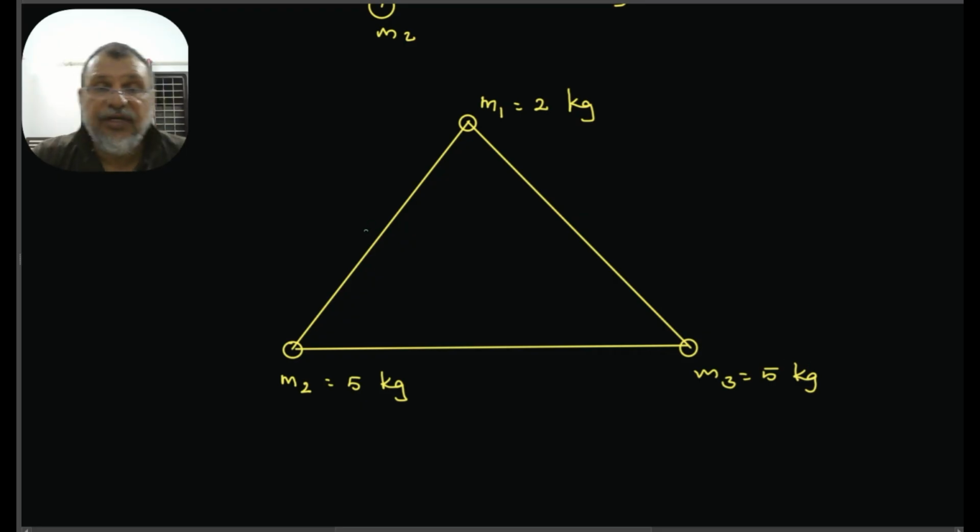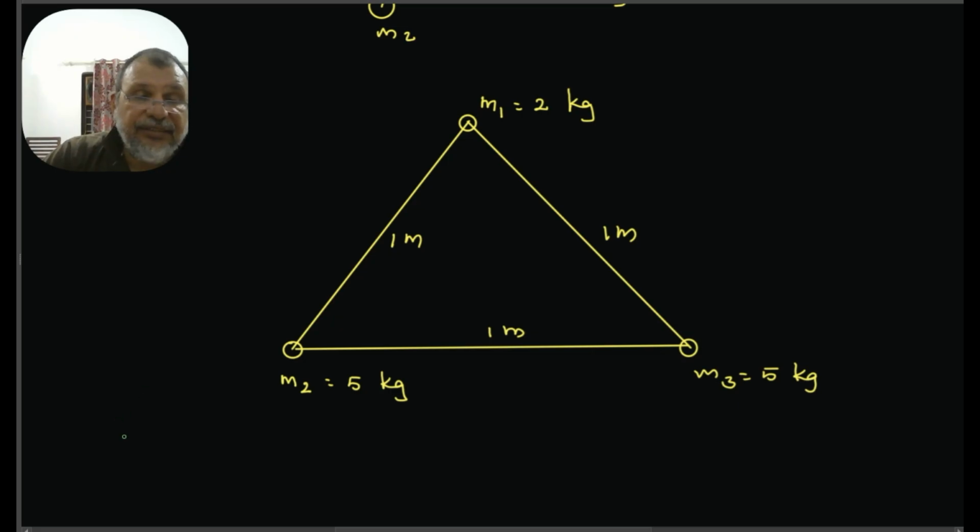Now let's find out the net gravitational force on M2. So the question is, let's say all the three sides are 1 meter, 1 meter, 1 meter.